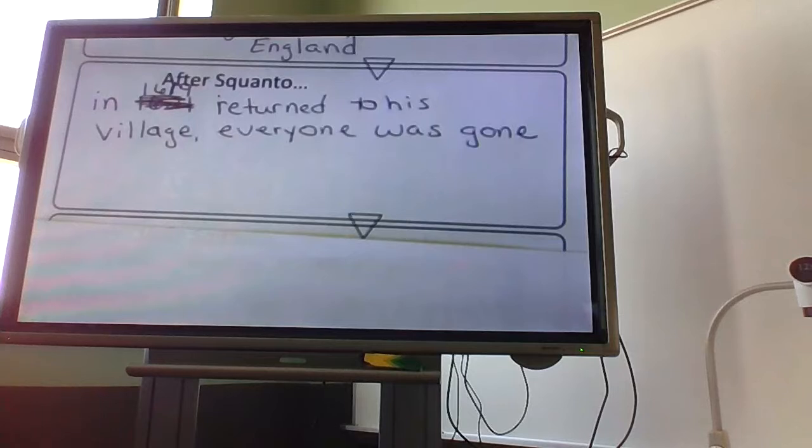So that's what we found out looking back through the pages of our book. And we're just writing down those notes so that when we get ready to write our story next week, we can. Okay.